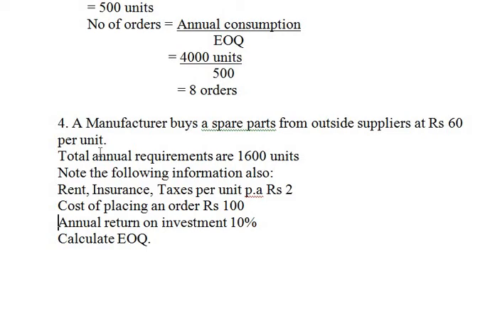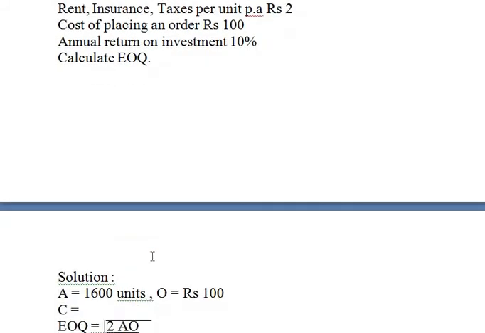Annual return on investment is 10%. Okay. And rent, insurance, taxes per unit per annum rupees 2. Okay. Now here they have given from outside supplier at rupees 60 per unit. It means it is cost of inventory. Okay. Now we will find out C.